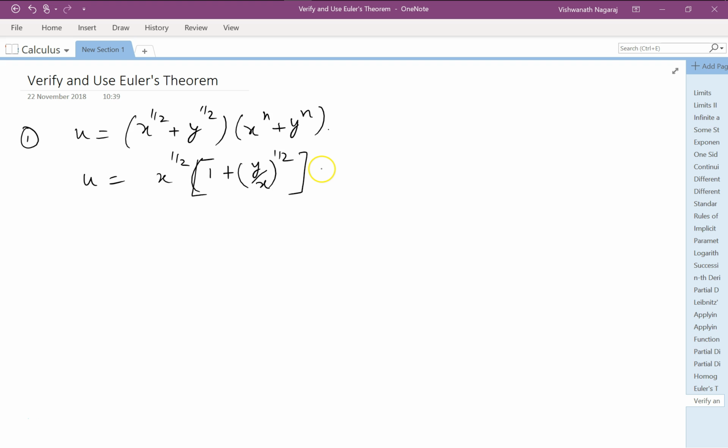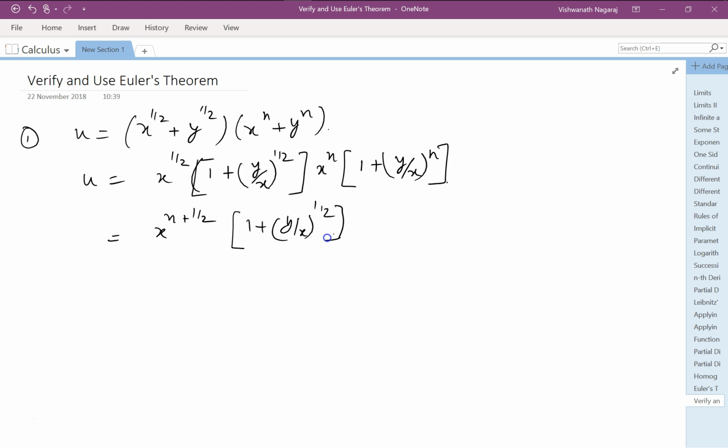And then again within this x to the power of n, let's take it common. So we are left with 1 plus y by x to the power of n, and here x to the power of half and x to the power of n can be multiplied. So x to the power of n plus half, times 1 plus y by x to the power of half, times 1 plus y by x to the power of n.